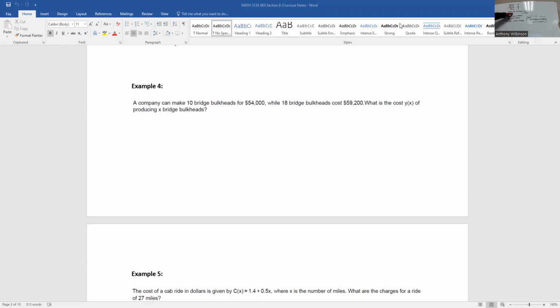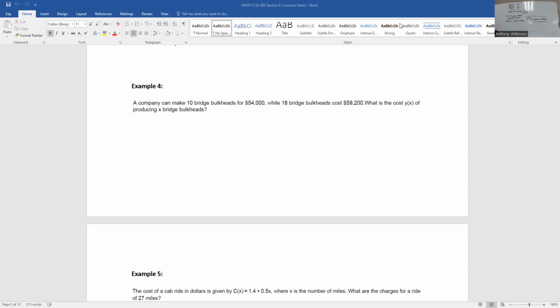And then I divided 8 into 5,200 to get 650. Now that $650 represents the dollar amount per bridge bulkhead. So each bridge bulkhead is $650.